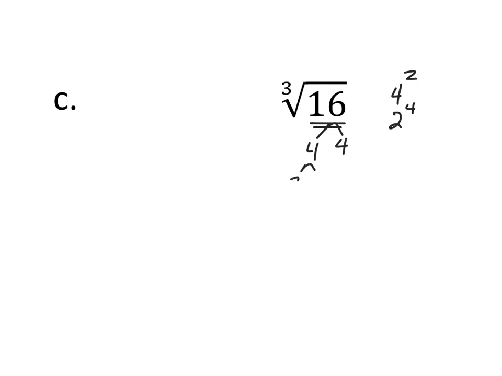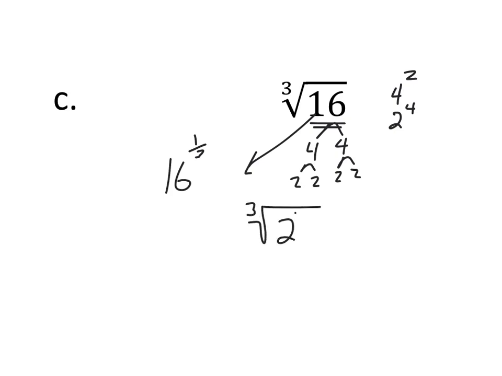So oftentimes you won't see this written as 16 to the 1/3. You probably wouldn't see that as an SOL choice. Instead, they would convert it to 2 to the power of 4, because that's what 16 is. And then they would convert it to the fractional exponent, writing it as 2 to the power of 4/3, with the exponent on top, index on the bottom.